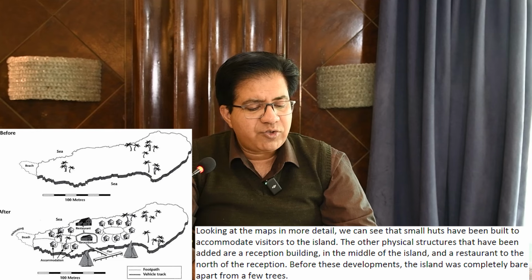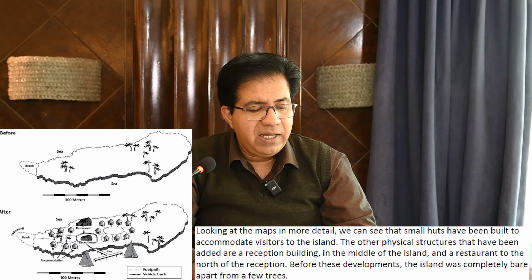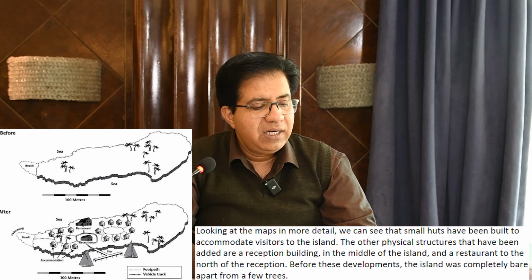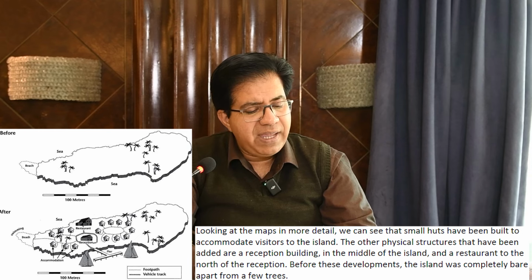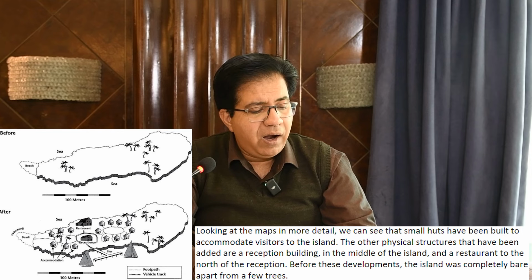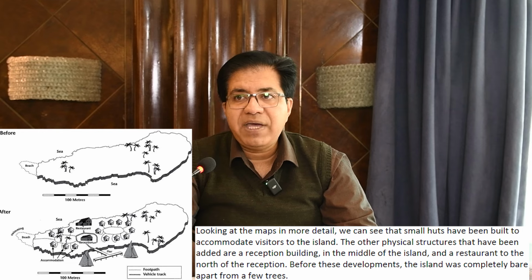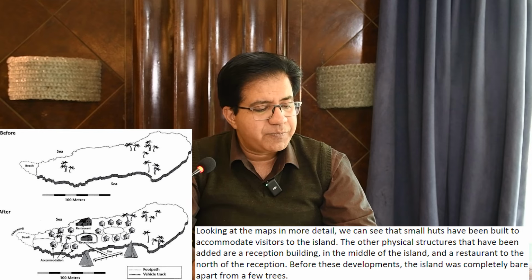The other physical structures that have been added are a reception building in the middle of the island and a restaurant to the north of the reception. Can you see that? Yes. Okay. Before these developments, the island was completely bare apart from a few trees. So there were only palm trees, otherwise bare apart means there was nothing else.